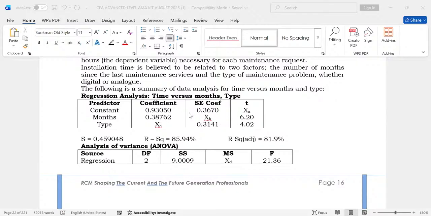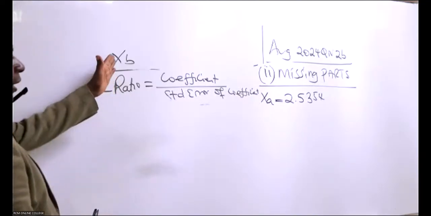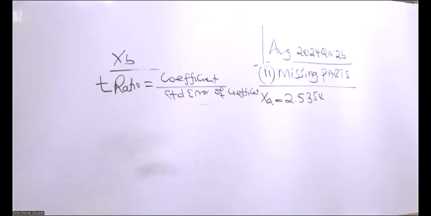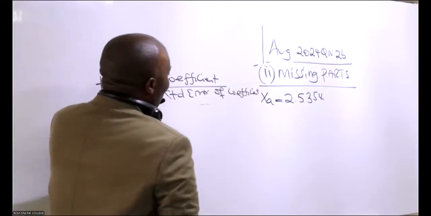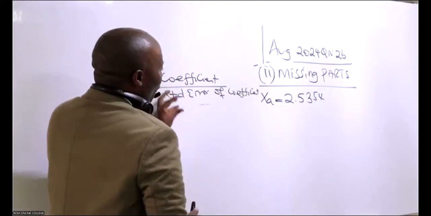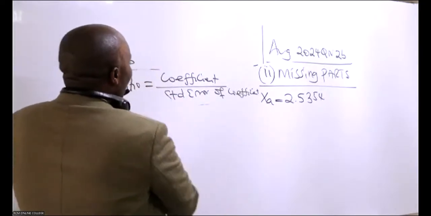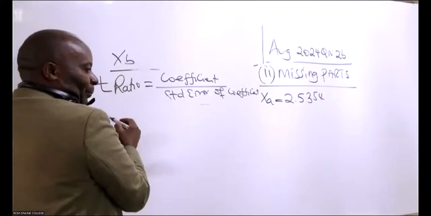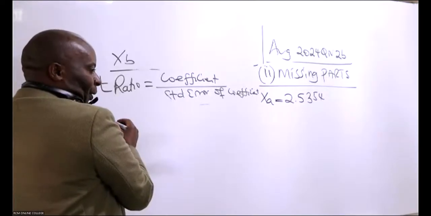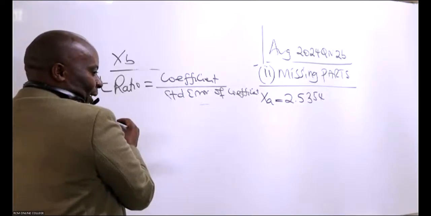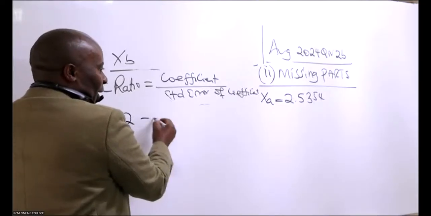So mine is simply to write down this formula and then go to examine that now I'm getting XB, isn't it? And the T ratio will be equal to the coefficient over the standard error. On that row where you are seeing XB, are you able to read for us the T ratio? Please read for me. 6.2 equals coefficient.